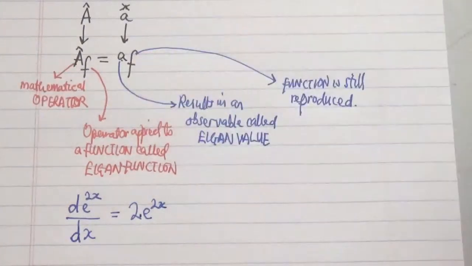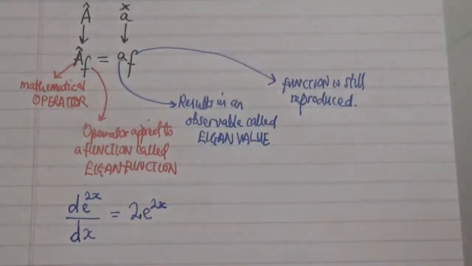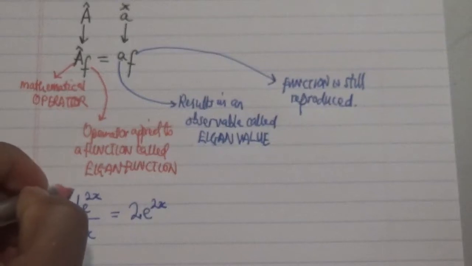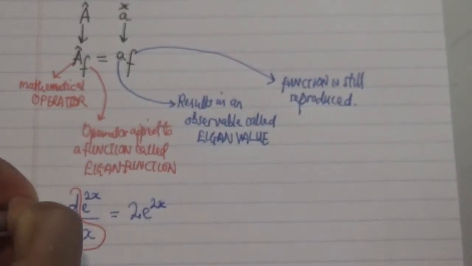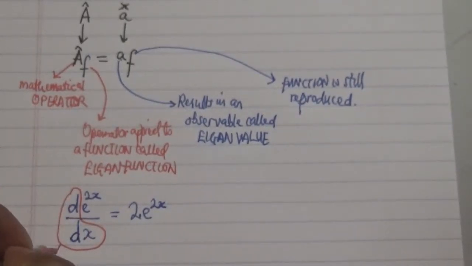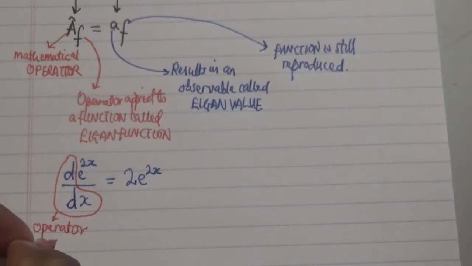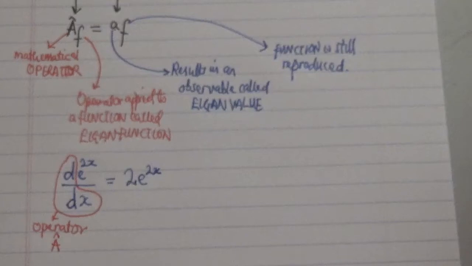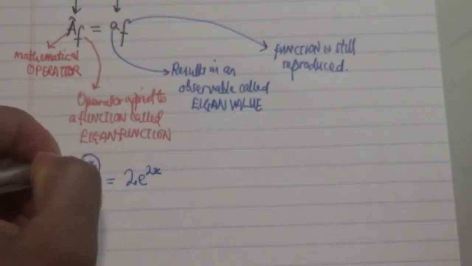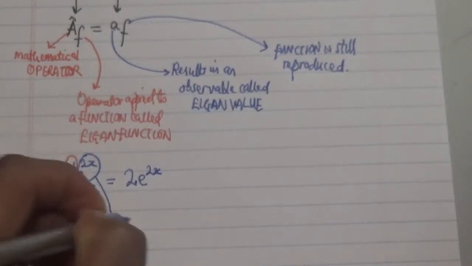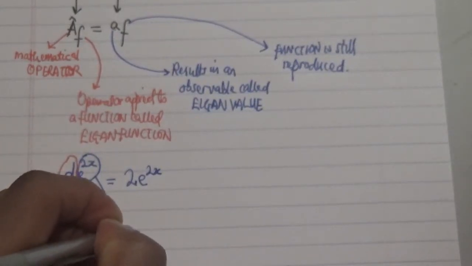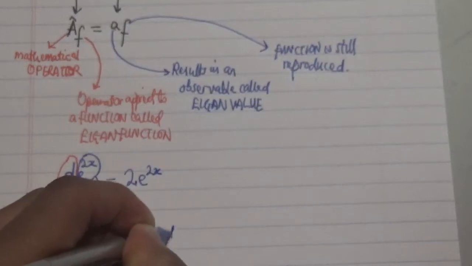Let's label this with respect to our formula system. This d over dx is called our operator, which is our A, while e to the 2x is called our eigenfunction.